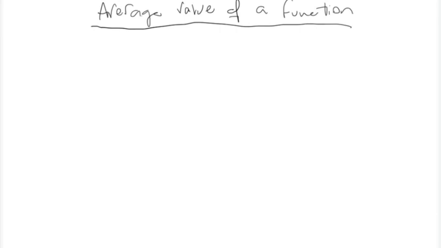We've been doing this for a long time, especially if you're watching this video when you're in calculus, but when you find the average of a set of numbers, you add all those numbers up, and then you divide by the number of numbers there. However, if you're trying to find the average value of a function, you've got many values in that function.